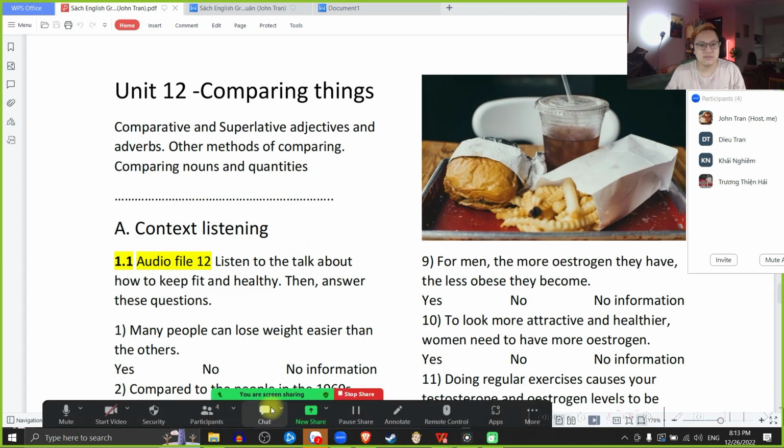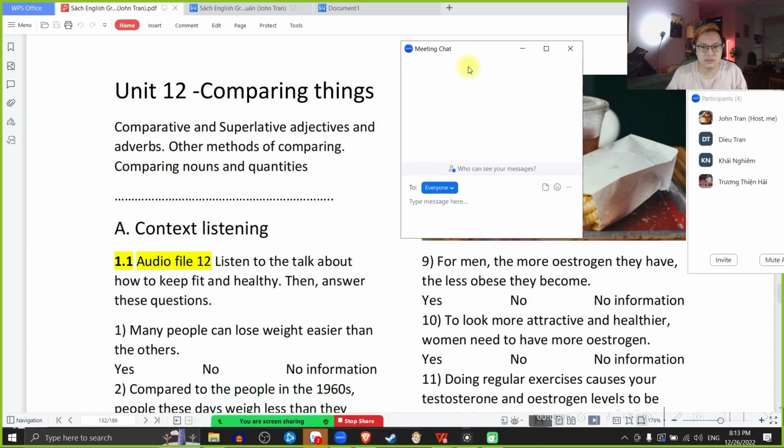Okay, so let's first look at the word to compare. Những âm hai nha. Và có RE cuối nó sẽ là âm schwa nhẹ. So the RE at the end is a schwa, compare. To compare something with something else.